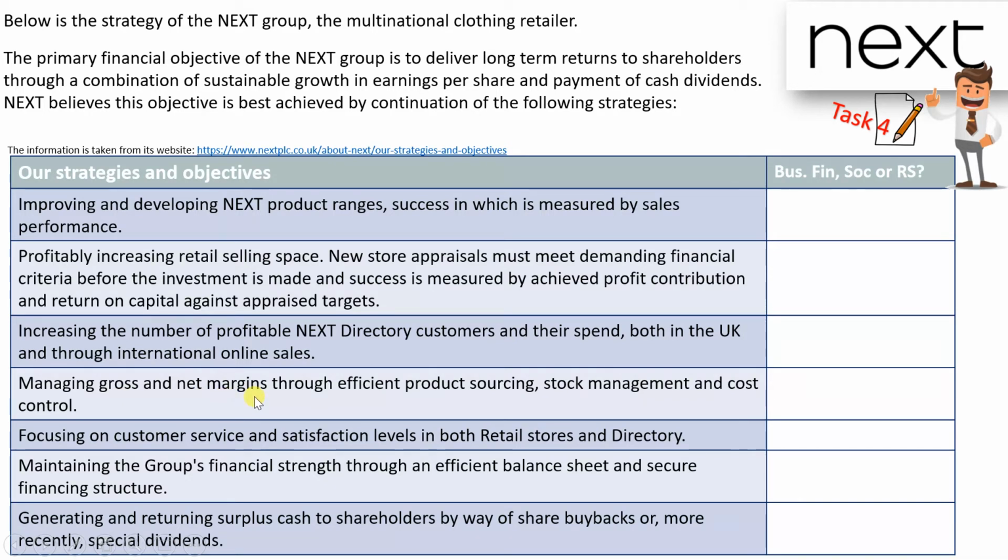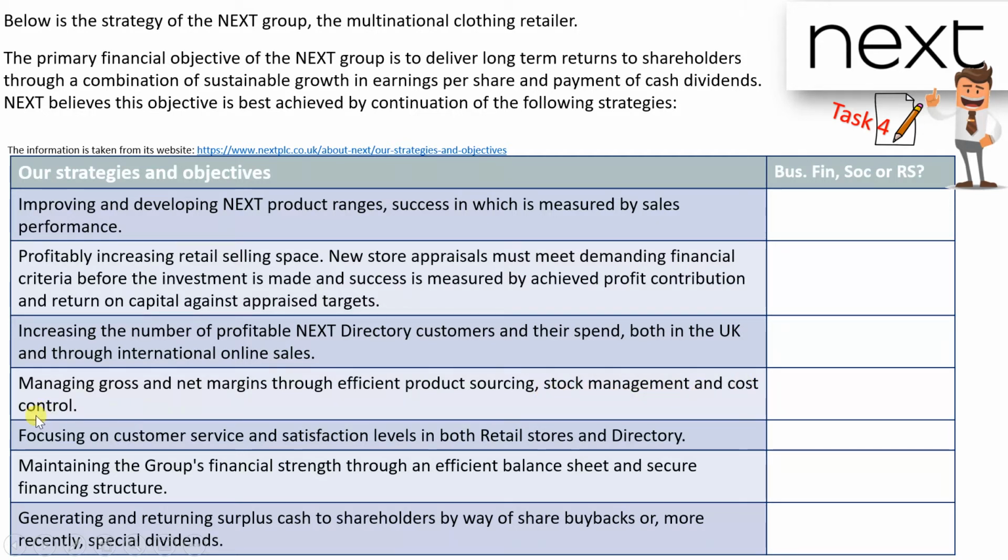You've got the sales of the product, you've taken away the cost of the product, and then you've paid all the bills, i.e. the electricity, the staff salaries, and then whatever's left is called the net profit. So that's gross and net, and we're looking at making sure these are profitable because you're finding your products from decent suppliers, which is product sourcing. You're managing your stocks, you're not having too much or too little in your stock room, and you're keeping your costs under control.